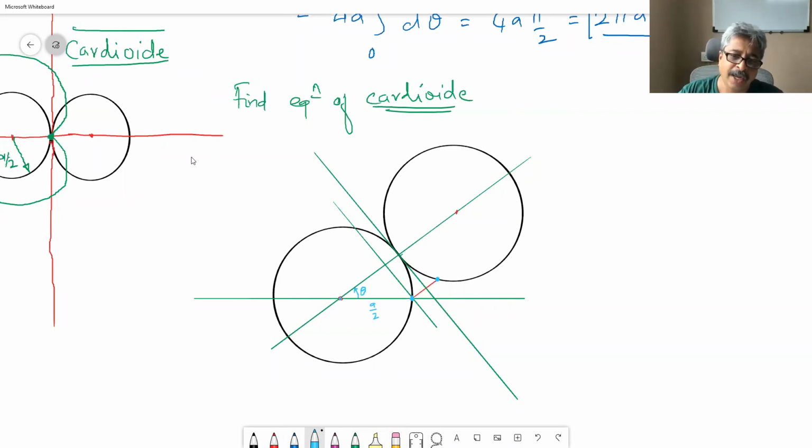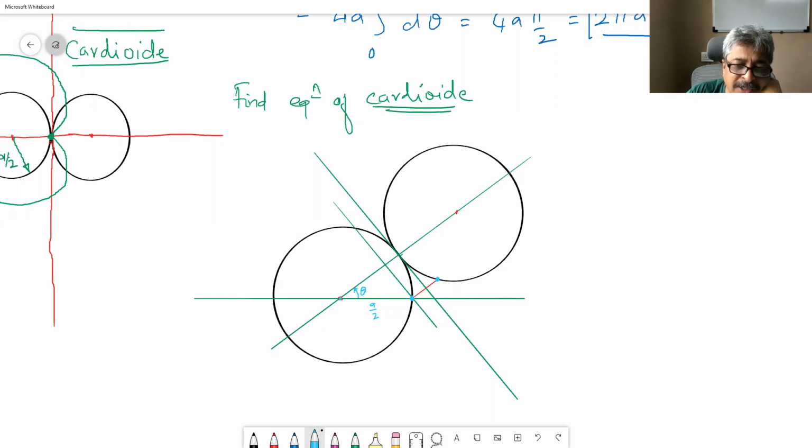Now what we are supposed to find out is the distance of this point from this point.